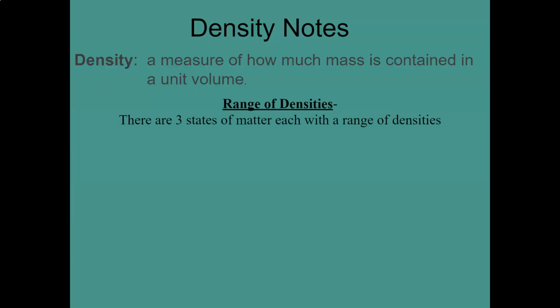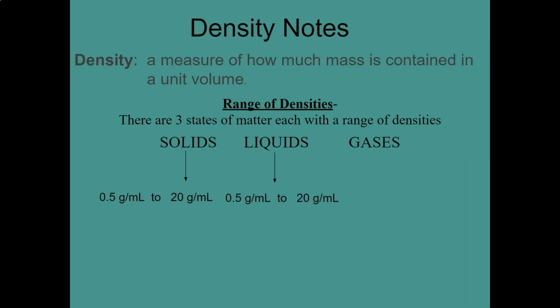Now, density, when we're looking at the different types of matter, spans a range. Most solids will fit within a certain range of densities, and the same goes for liquids and for gases as well. You'll notice that solids and liquids fall within generally the same range. Most solids and most liquids are somewhere between 0.5 and 20 grams per milliliter.